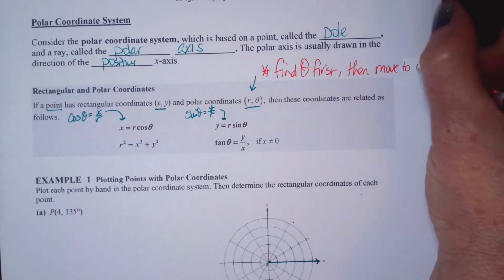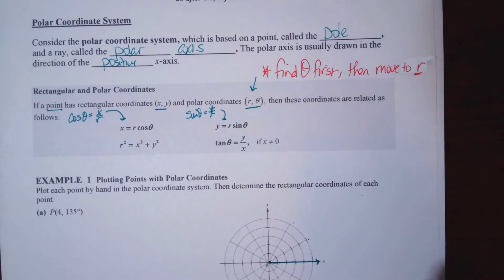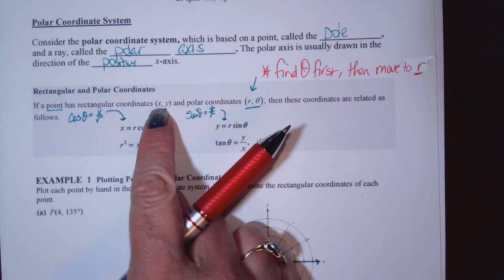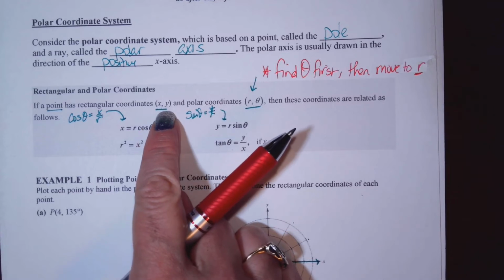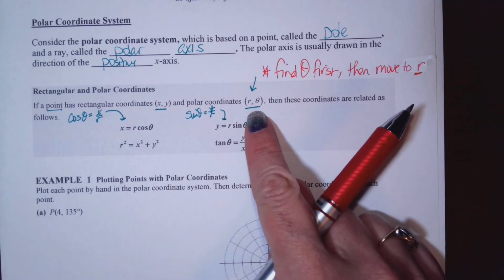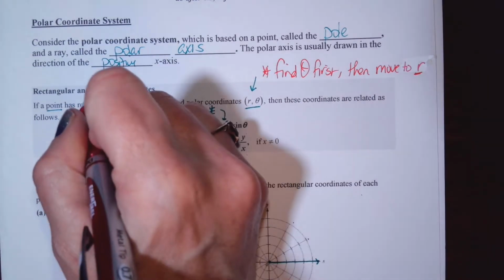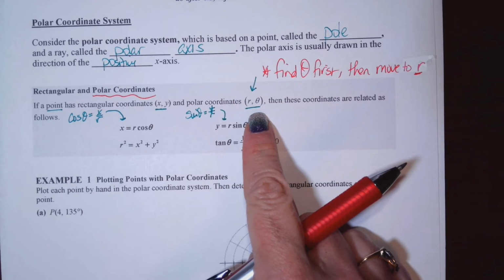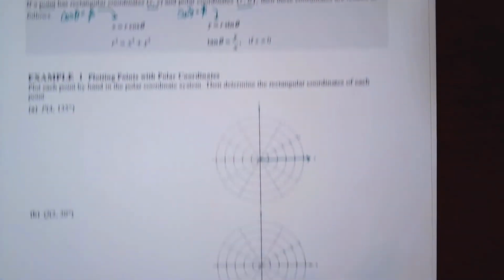Move to whatever value r is given as. Now, when we're graphing our point x, y, typically we find that x coordinate, we move horizontally left or right, and then we move to the y coordinate up or down. When we're graphing our polar coordinate, we want to find theta first. Now it feels a little awkward, but I promise you it's going to be more successful.